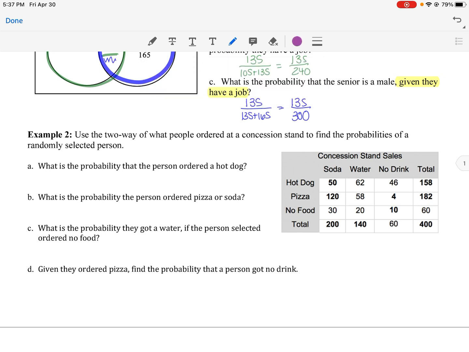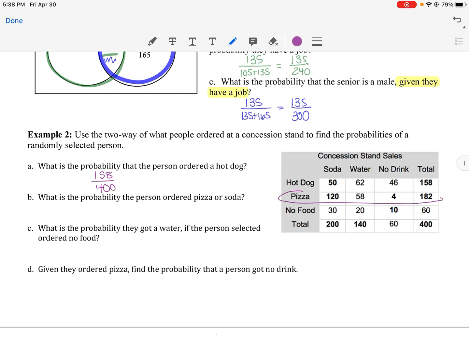We've got two-way tables here. Use the two-way table of what people ordered at a concession stand to find the probabilities of a randomly selected person. So what's the probability that a person ordered a hot dog? In this case, there's 158 out of a total of 400 people that ordered. What is the probability the person ordered a pizza or a soda?